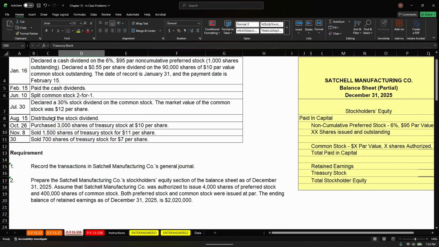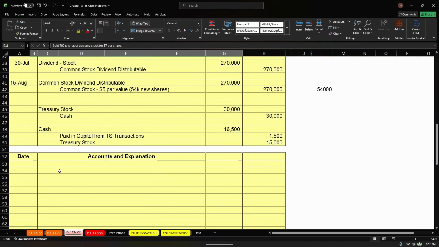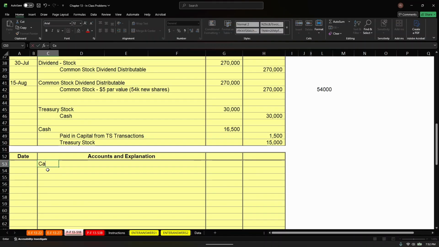Okay. And now we have a sales transaction of 700 at $7 a share. So we're going to be receiving cash, $7 a share times 700 shares. Our treasury stock account is going to be transacted at 700 shares times $10, which is, again, our cost basis.